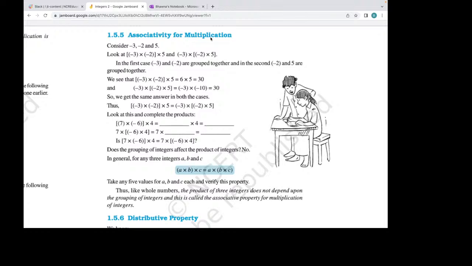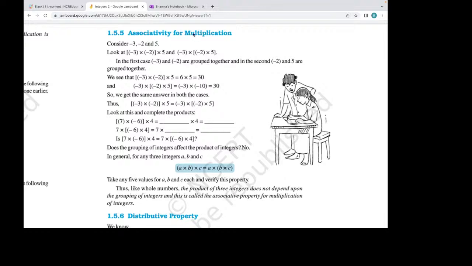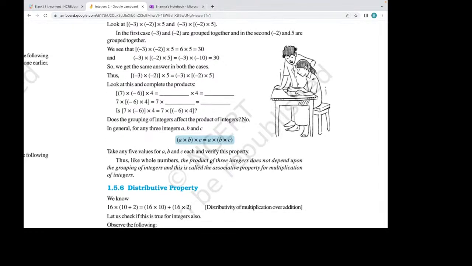yes, integers follow the associative property for multiplication. We have figured out that a multiply b, in brackets, multiply c is equal to a multiply, in brackets, b multiply c. The product of three integers does not depend upon the grouping of the integers, and this is called the associative property for multiplication of integers.